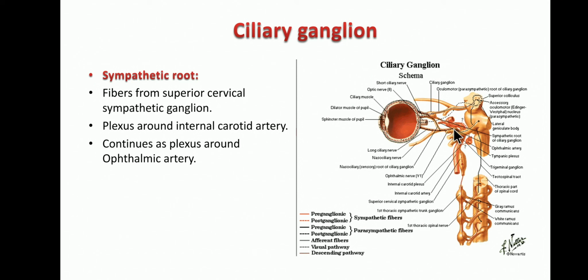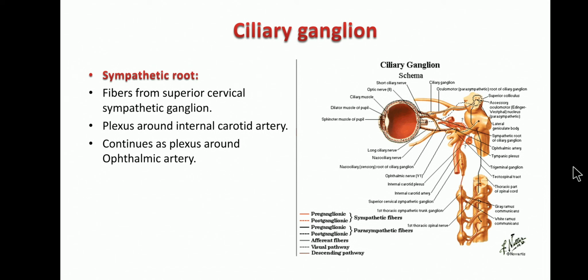There the sympathetic fibers have communications with the oculomotor nerve also. Then the fibers will continue from there along a branch of the internal carotid artery, the ophthalmic artery.